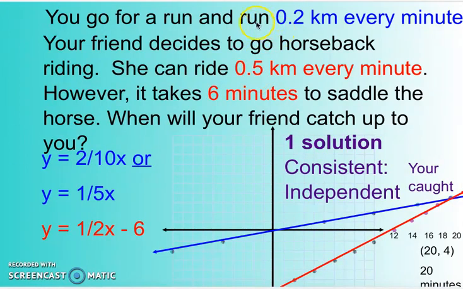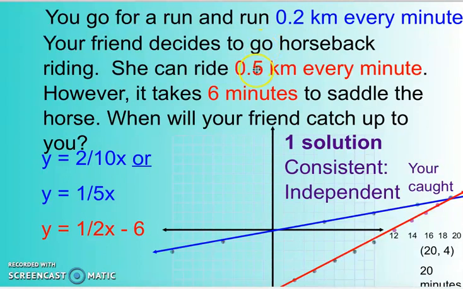Let's take everything that we learned from the word problem and see if we can create an equation from it. The first thing that we learned is that you can run 0.2 kilometers every minute.